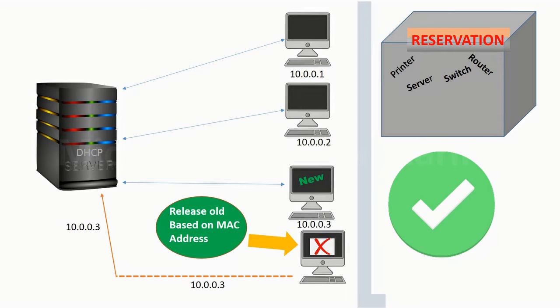When they are connecting, the specific IP address will log the account details in the server. But for printers, servers, switches and routers, there will always be a reserved IP address for life.